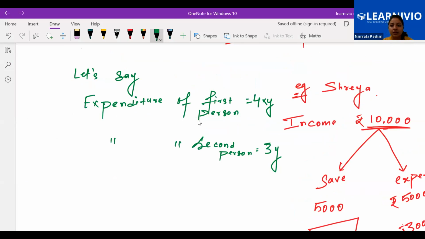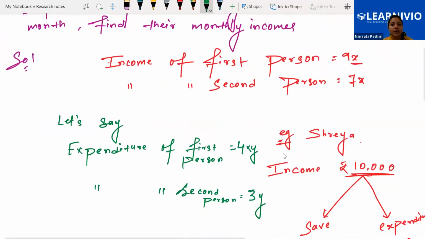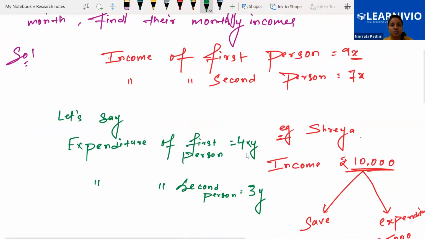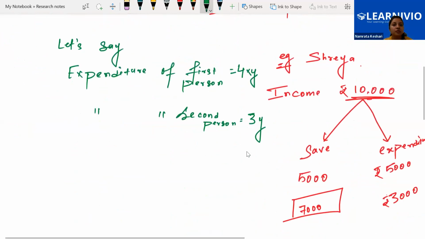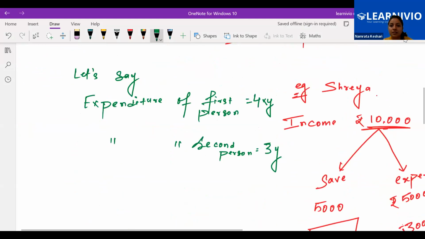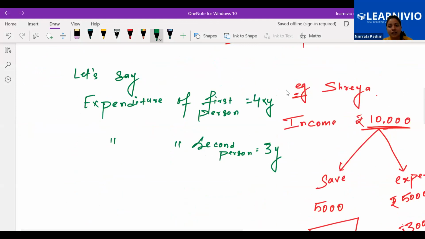Let me say, if we know the income of the first person is 9x and the expenditure of the first person is 4y, then how to find the saving? Income is 9x, expenditure is 4y. Exactly, we need to do the subtraction.